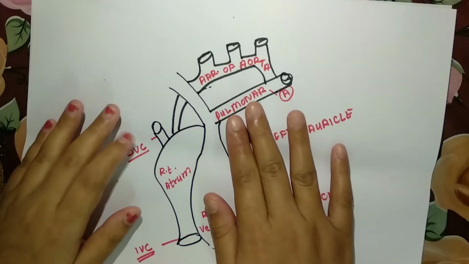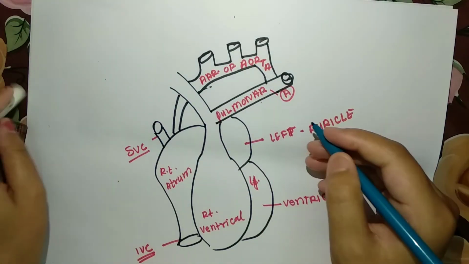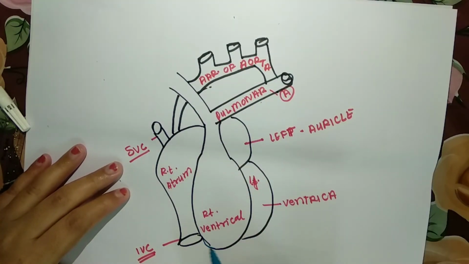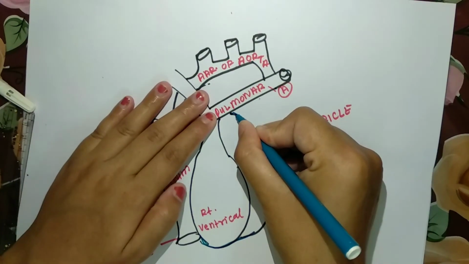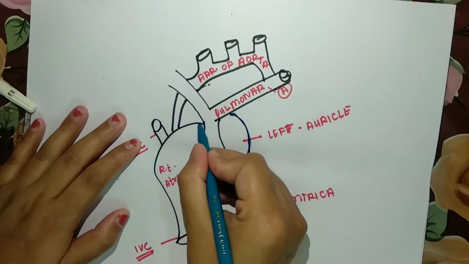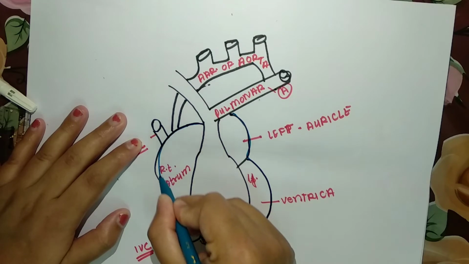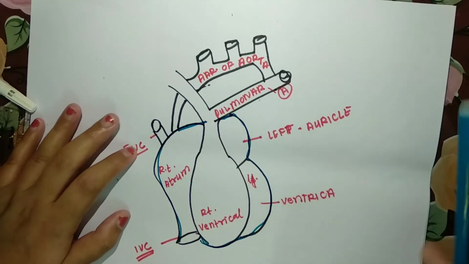Now I'll show you how the borders look. I'll draw only the borders with this pen. This is the inferior border. This is the left border. This is the right border and the upper border.